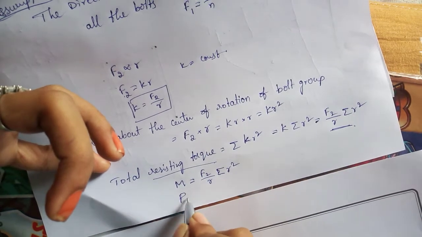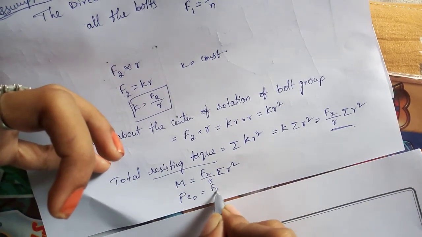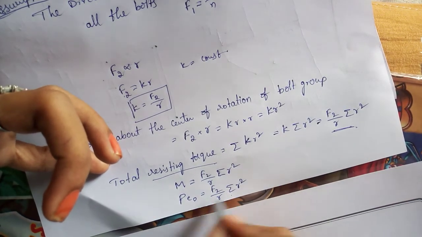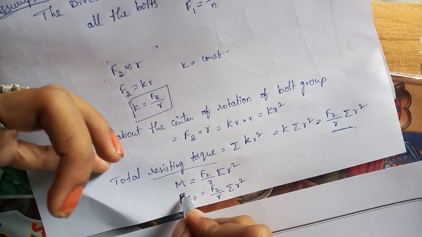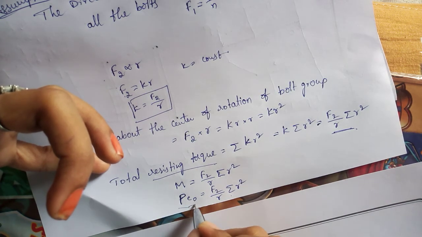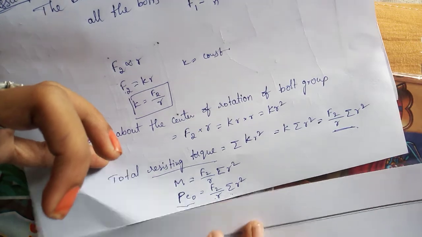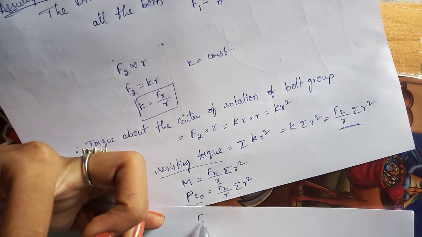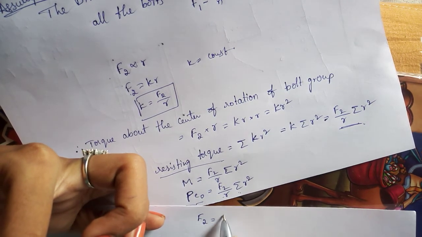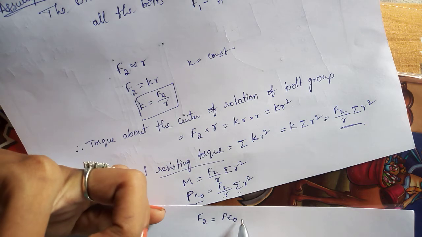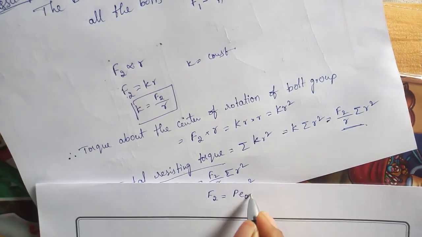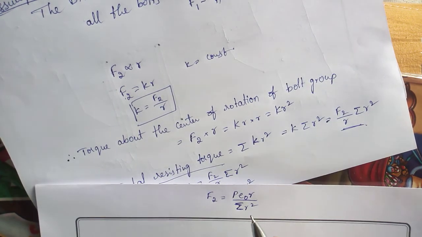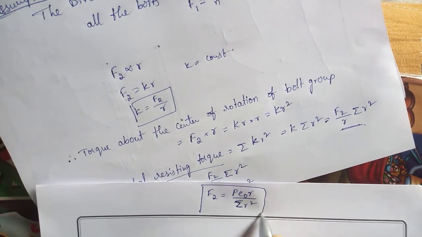M is nothing but P E naught, so P E naught equals F2 by R into summation R square. This is the resisting torque and this is the external moment. Now equating these two, we get F2 equals P E naught R by summation R square. Okay, so this is our F2.